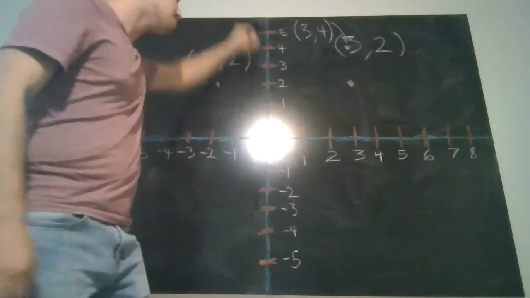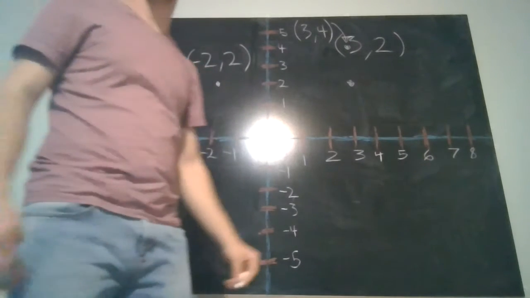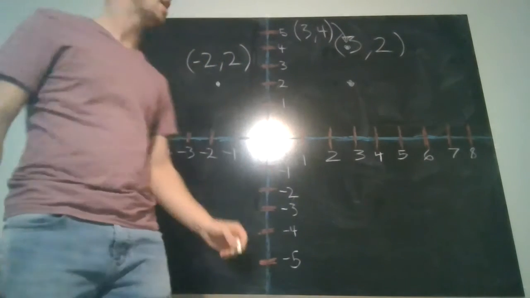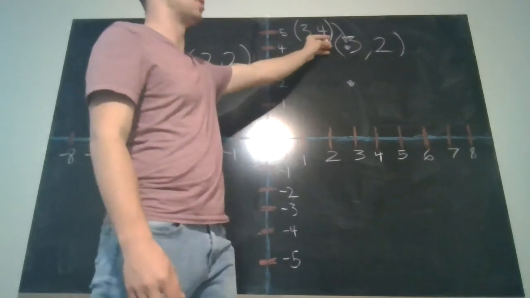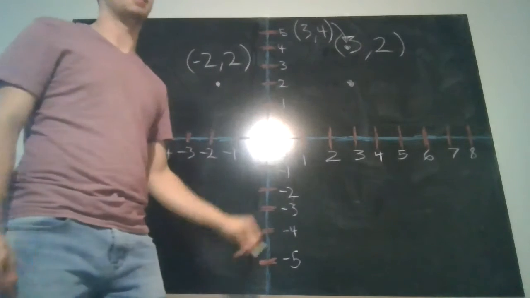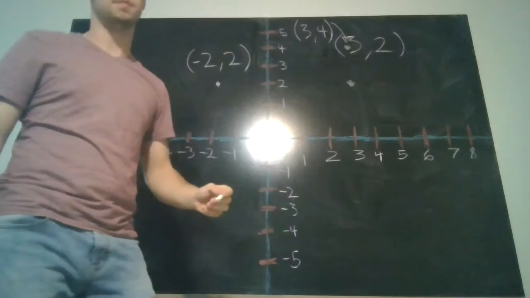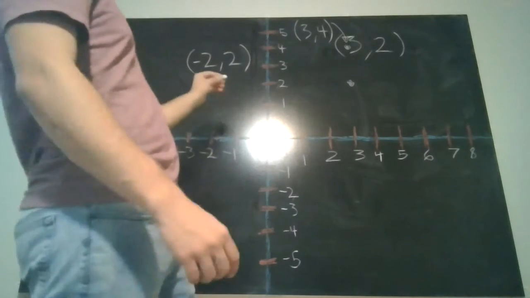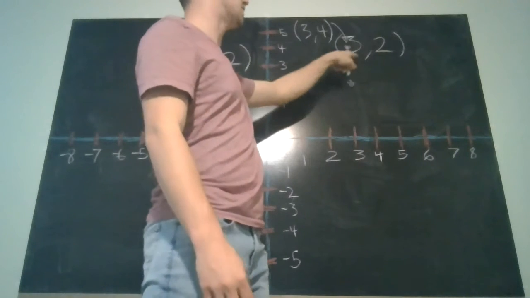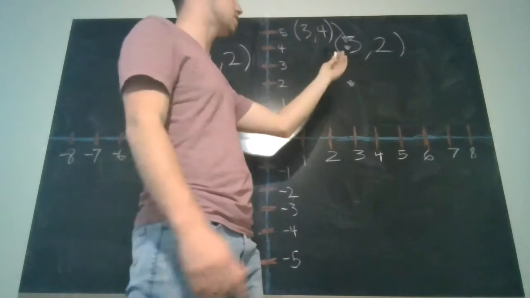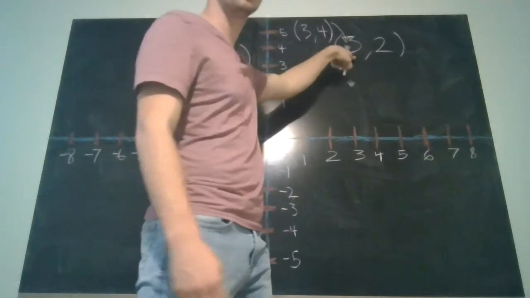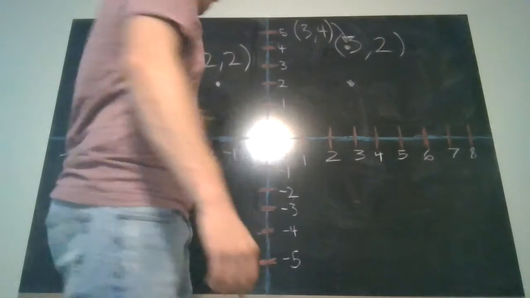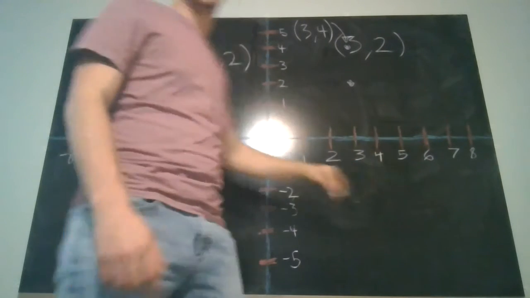And the up and down number line is called the y-axis. And the second number here is, of course, called the y-coordinate. And I guess the first one is called the x-coordinate. So the name for the things in the parentheses in total is a coordinate pair because it's a pair of the x-coordinate followed by the y-coordinate, because you do the left and right thing first and the up and down thing second.